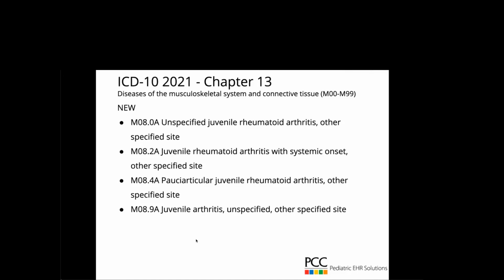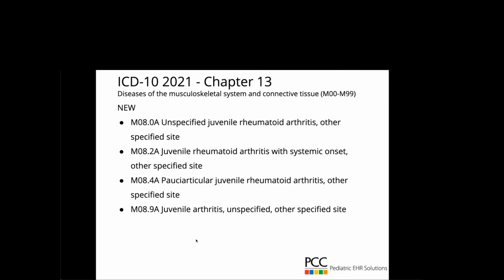Juvenile rheumatoid arthritis has its own code now, a set of codes. So there's unspecified, with systemic onset, other specified site. Juvenile rheumatoid arthritis, I am not going to attempt. I typically am brave enough to attempt, but the M08.4A is a term that I am unfamiliar with and do not have a guess at.